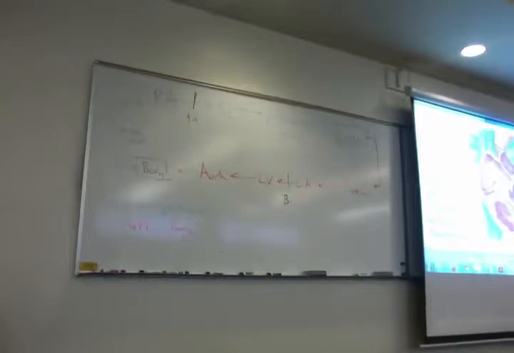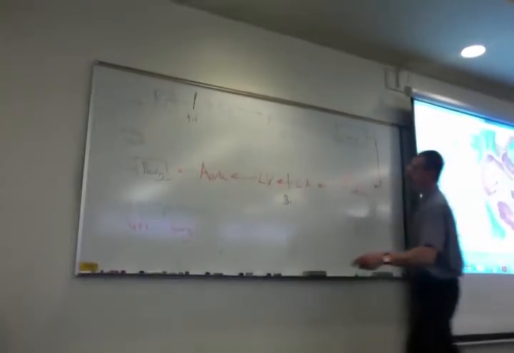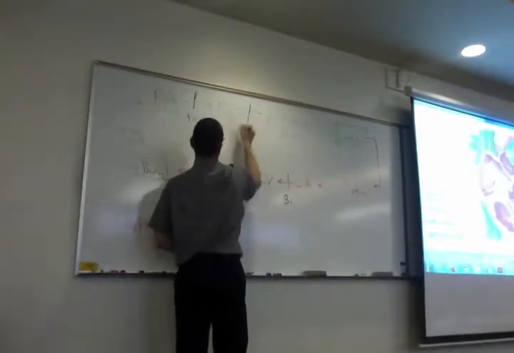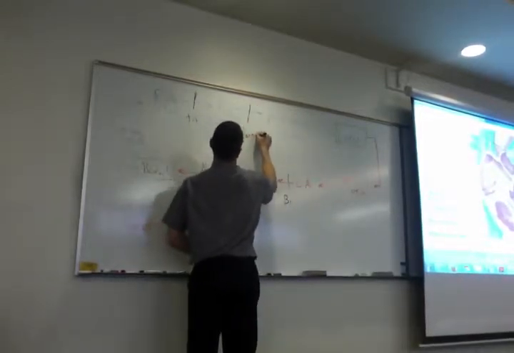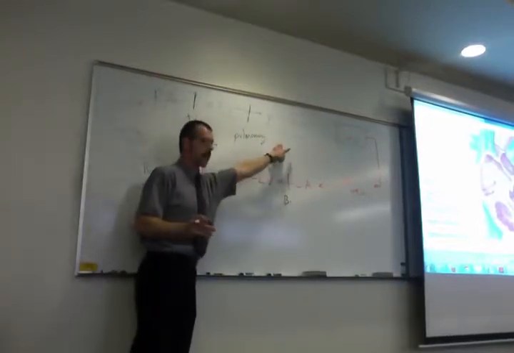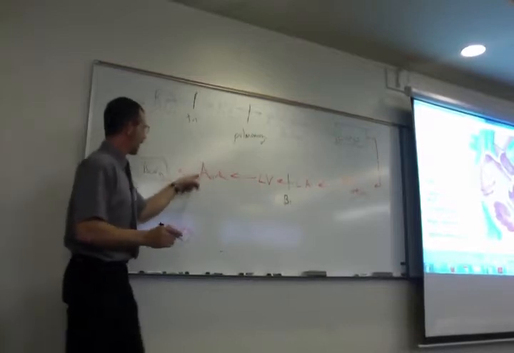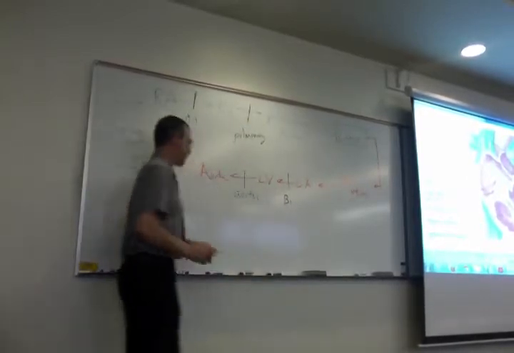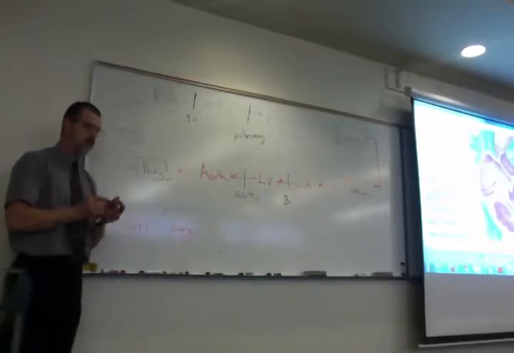Let's figure out where. If you kind of vaguely follow along, the pulmonary valve is going to be right here, between my right ventricle and my pulmonary artery. My aortic is going to be here, between my left ventricle and my aorta.